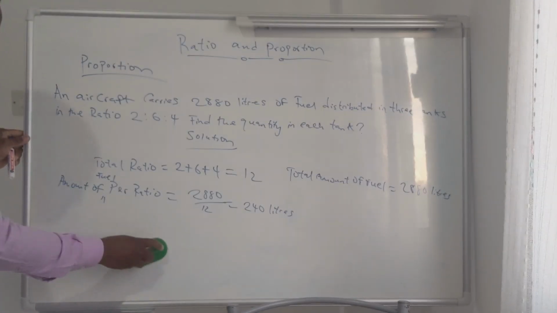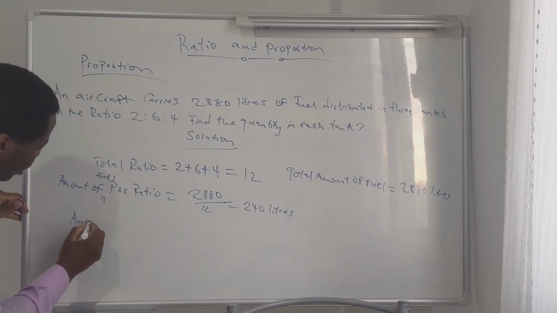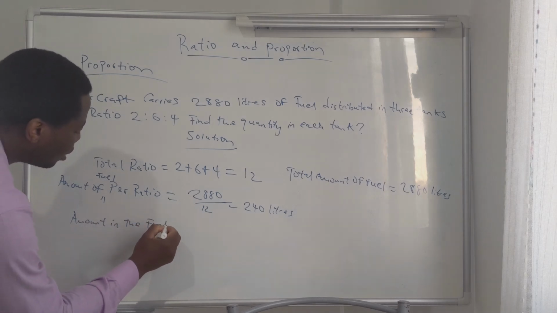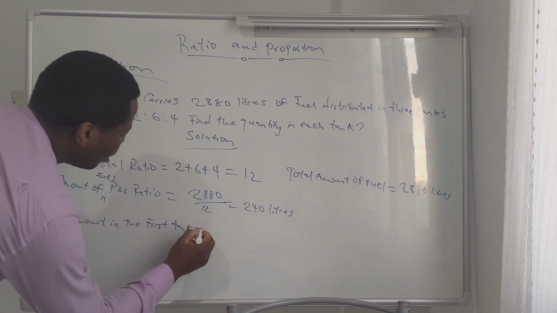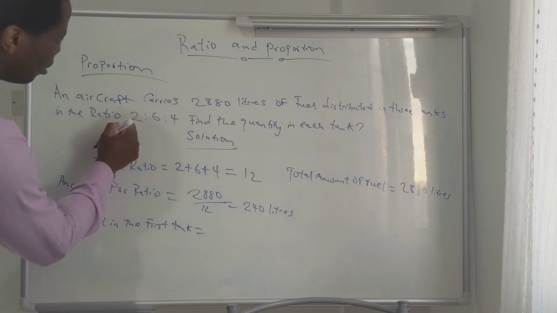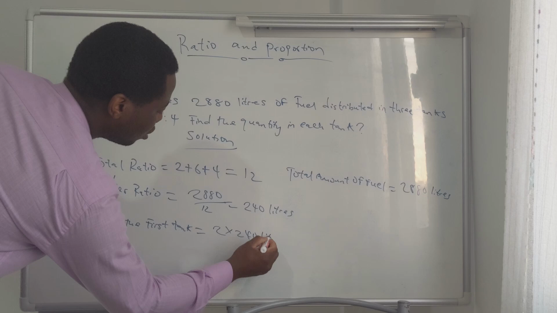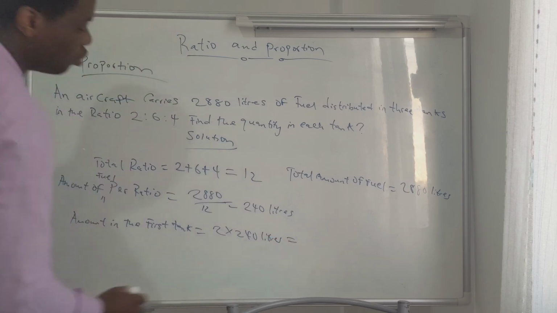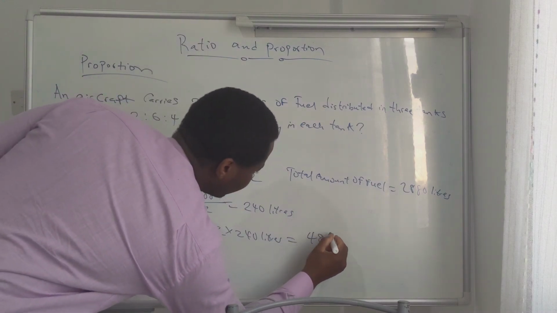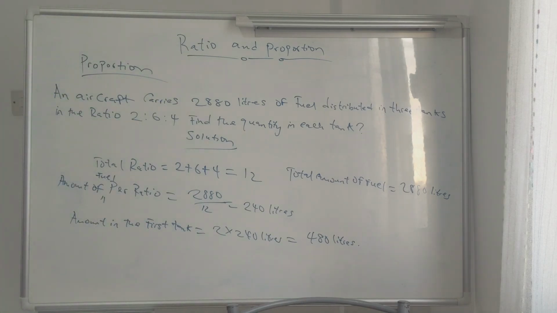The amount in the first tank is 2 multiplied by 240 liters, which is equal to 480 liters. That's the amount in the first tank.